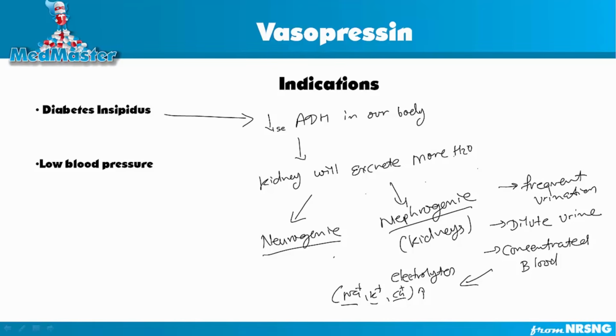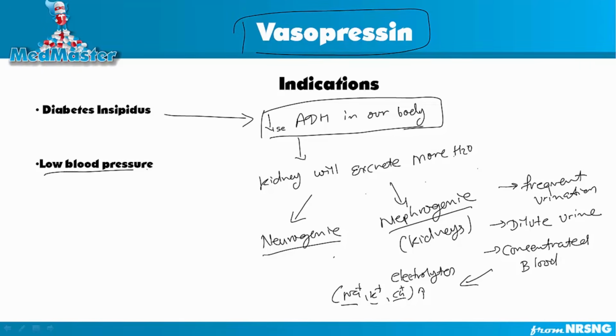Since you understood what happens in diabetes insipidus, basically either their brain is not producing enough ADH or their kidneys are not reacting to ADH. So we have to give this vasopressin from outside in order to prevent the body from losing more water.